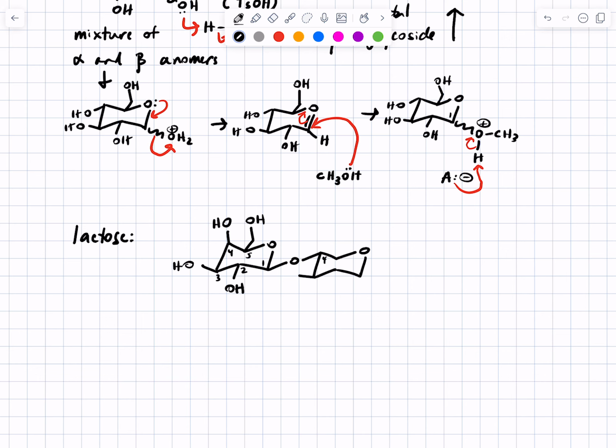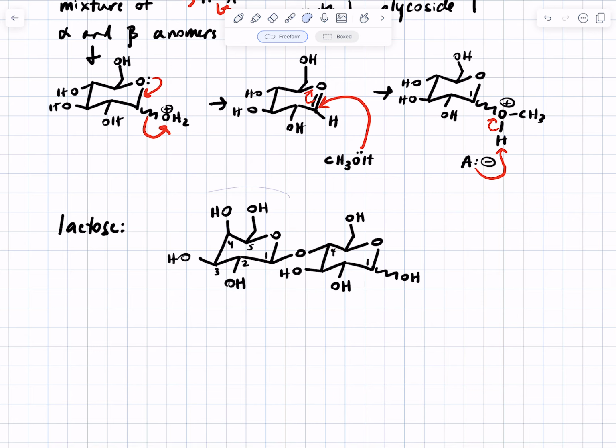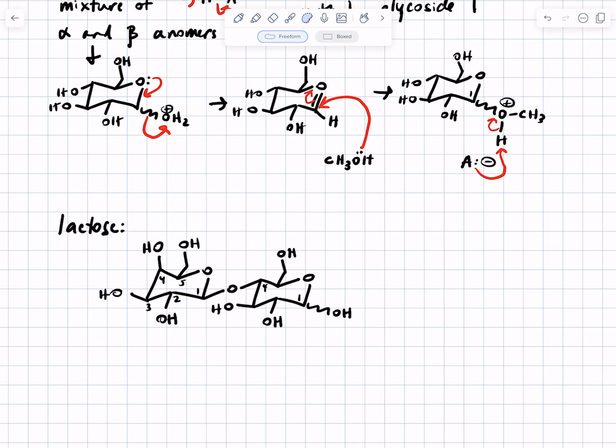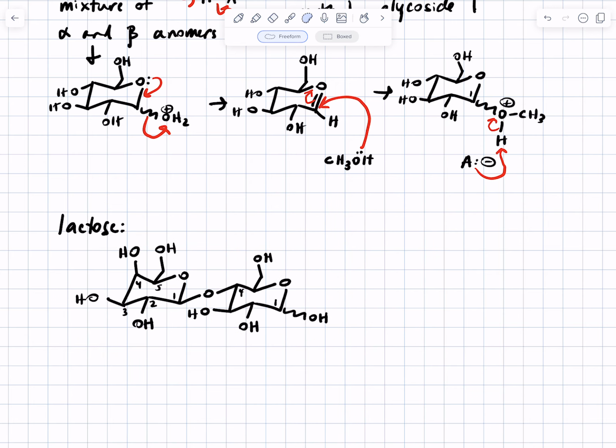This will be glucose. I'm going to choose a mixture of alpha and beta anomers at the anomeric carbon because that's what it would be in aqueous solution; you'd have a mixture of both. Okay, so this is lactose.